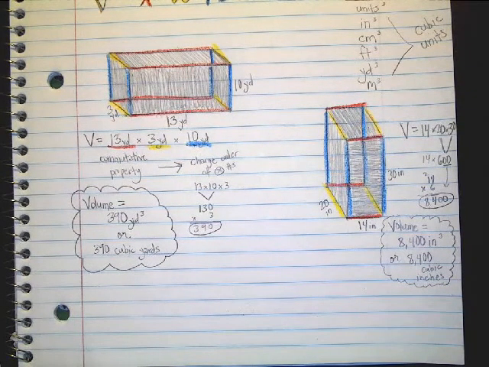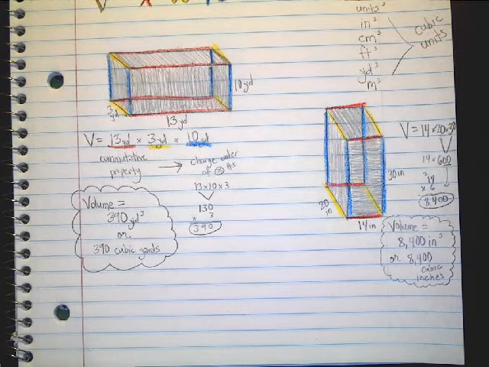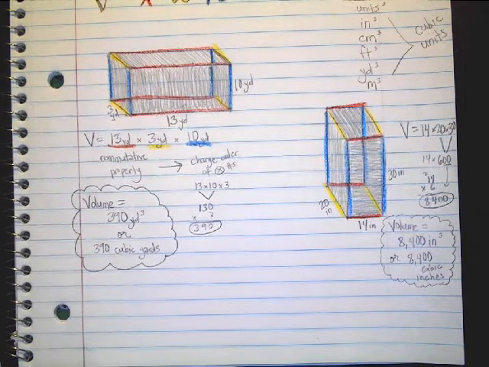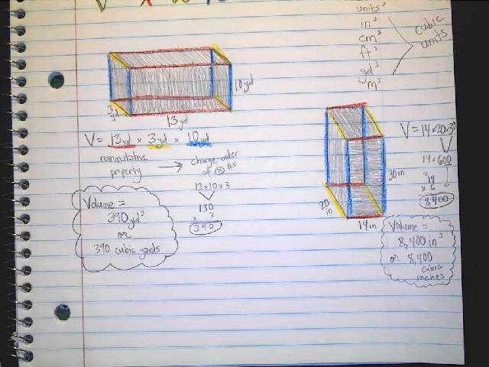So we have the three measurements, length times width times height. And we ended up finding the volume and having it as the measurement, length times width times height. We're doing okay so far?